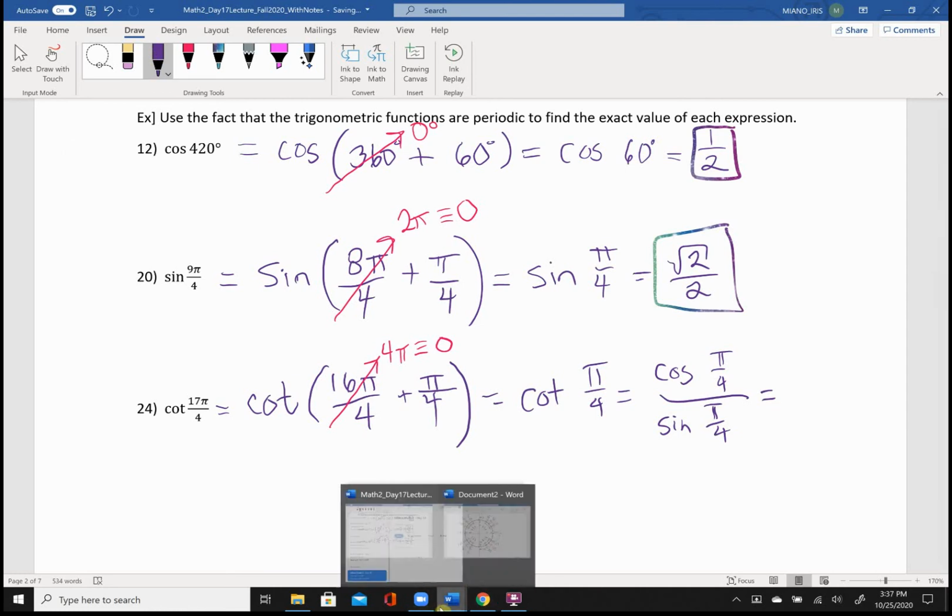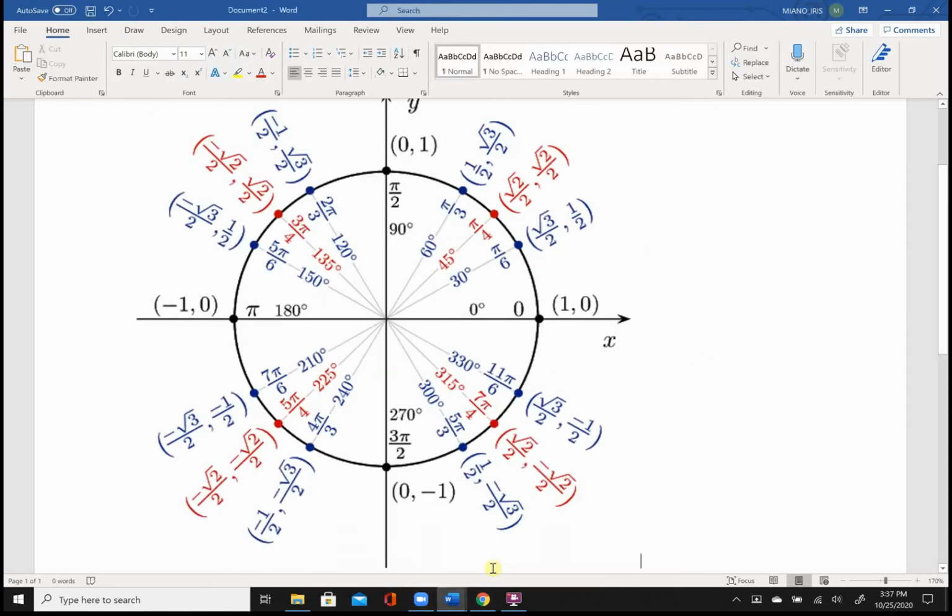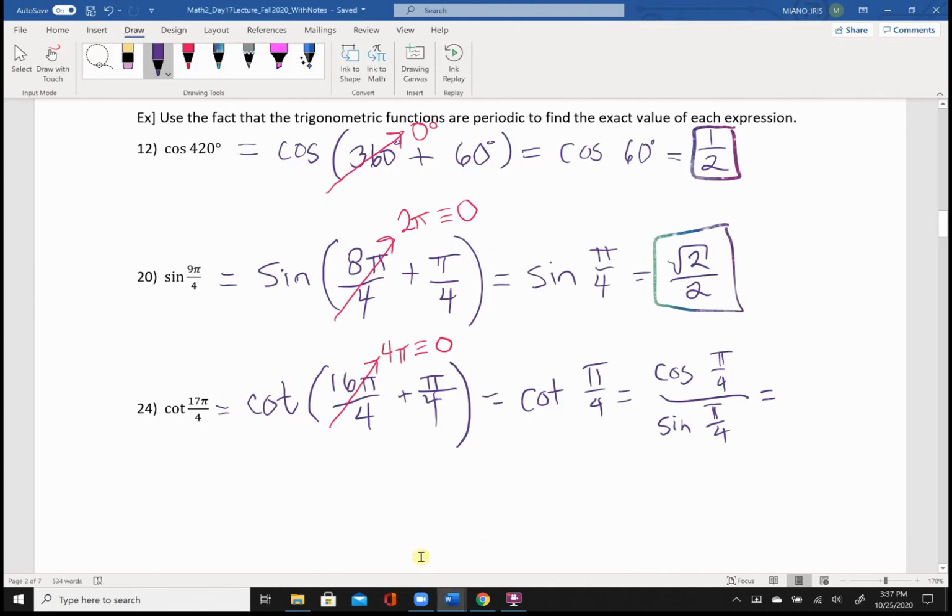The same value, okay? Right, we can reference the unit circle. Pi over 4, again, is at 45 degrees. And cosine and sine are both square root of 2 over 2. So that means that the quotient here will be square root of 2 over 2 over square root of 2 over 2, which is, I mean, we could just go straight to saying that the final answer here is 1, if we are so comfortable. If we need a little bit more discussion on that in class, you just let me know, okay?